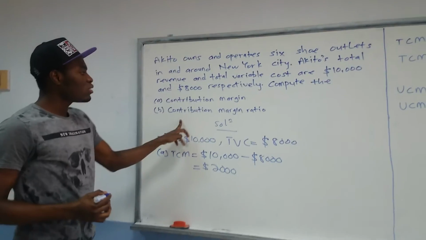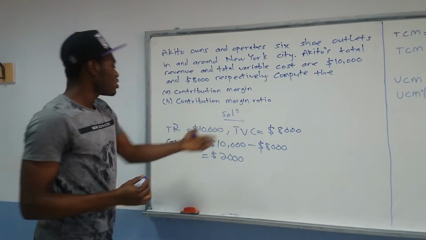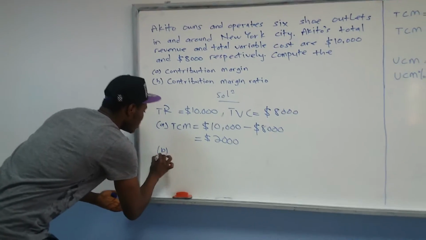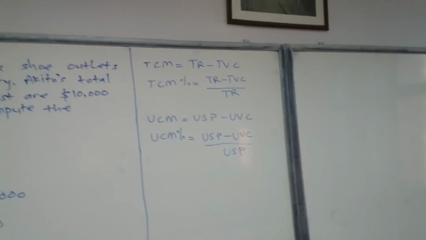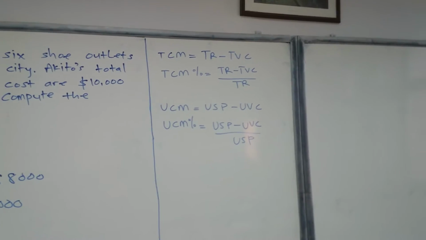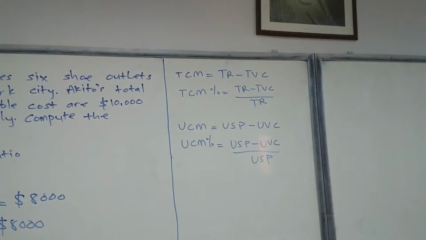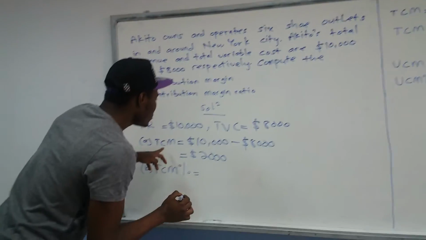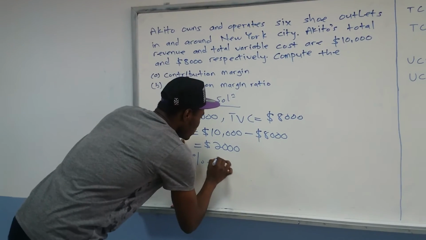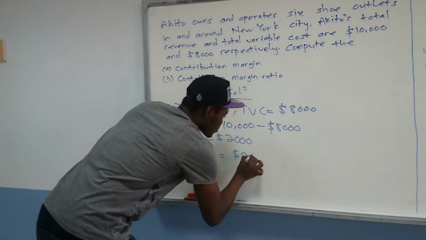And we've been asked to calculate its ratio, B. As we know from the formula, total contribution margin ratio is equal to total contribution margin, which is total revenue minus total variable cost, divided by total revenue. So we already know the total contribution margin, which is $2,000.